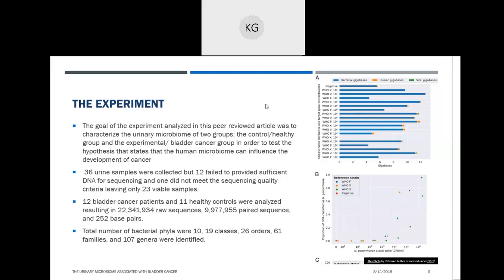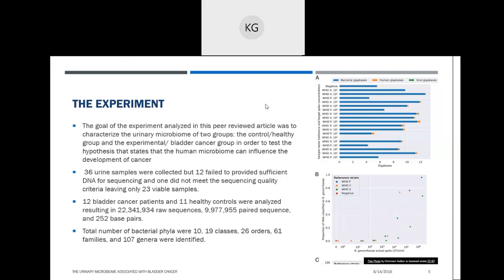They gathered 36 urinary samples, but 13 of those samples were not viable, leaving them with only 23 viable samples. 12 of those belonged to cancer patients, the experimental group, and 11 belonged to healthy individuals, the control group.